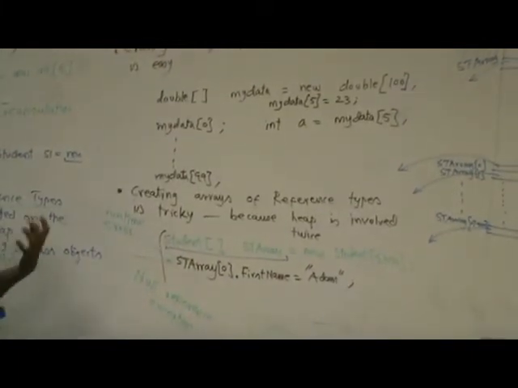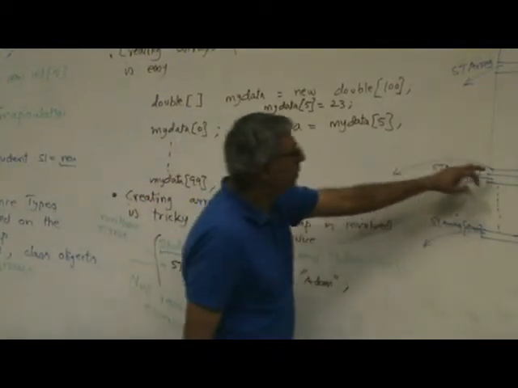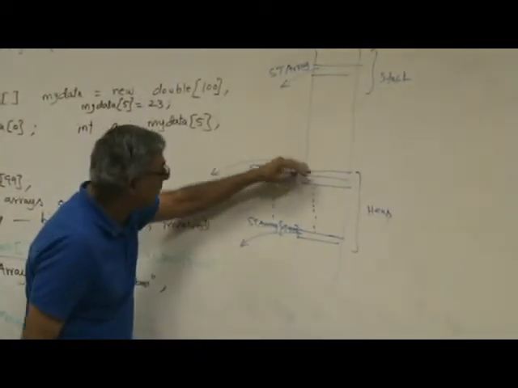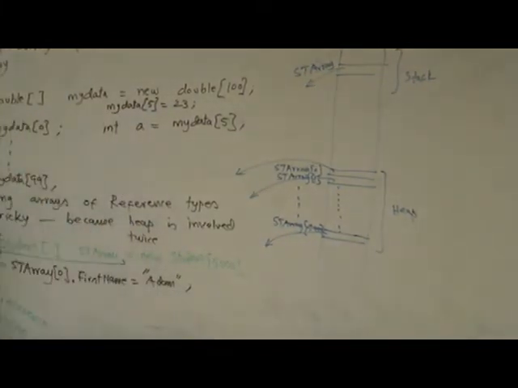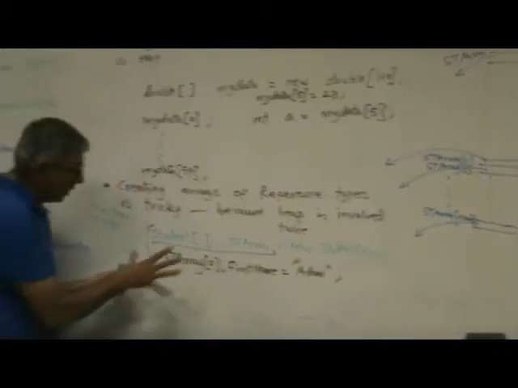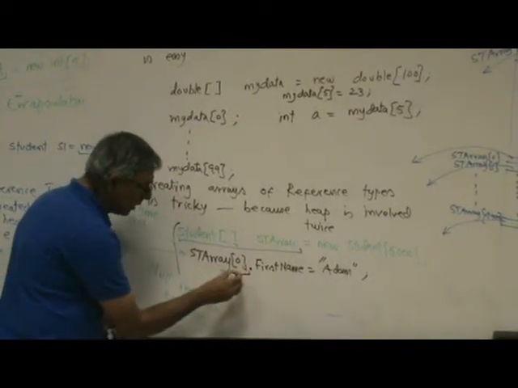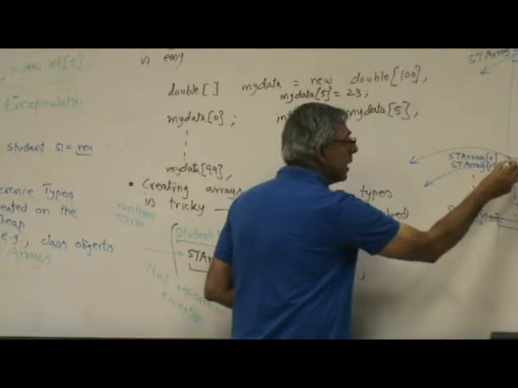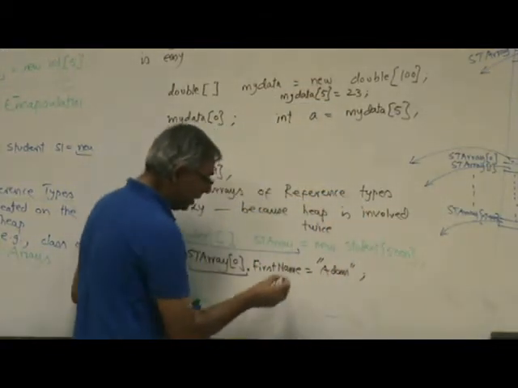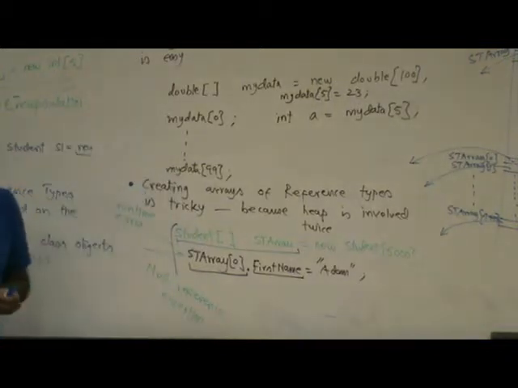How many fields does each student have? 5 fields. But over here we only allocate memory for pointing to a student, not the memory for the further 5 fields it needs. So that's why the compiler has no problem with it, but once we try to execute this code, the computer will go over here, and then it will try to look for a memory called first name, but there is no memory. We never allocated it.